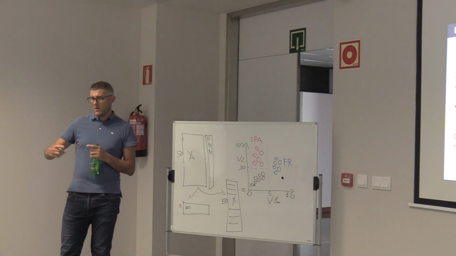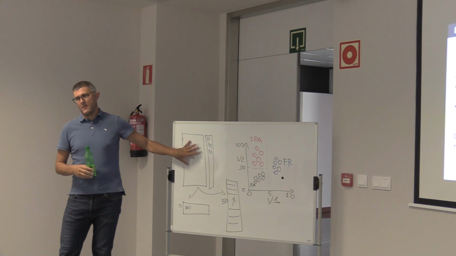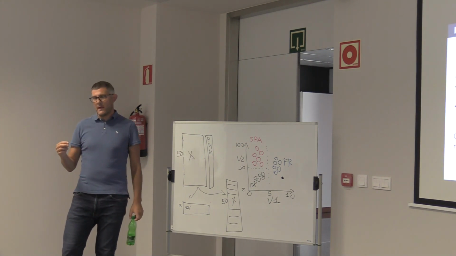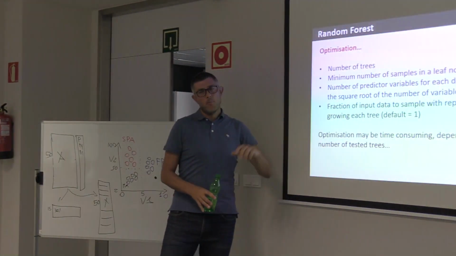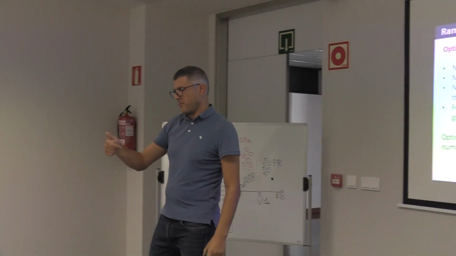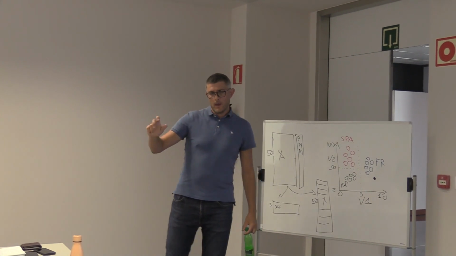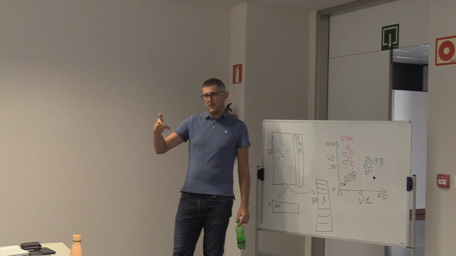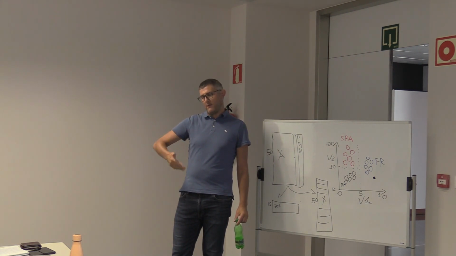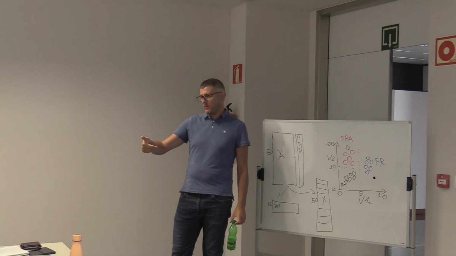Okay? Not on the pure training set. I want to select the number of trees which maximizes the predictive capability of my model, the capability of my model to predict future samples. And I do that with a validation, for example, a cross-validation procedure. Okay?